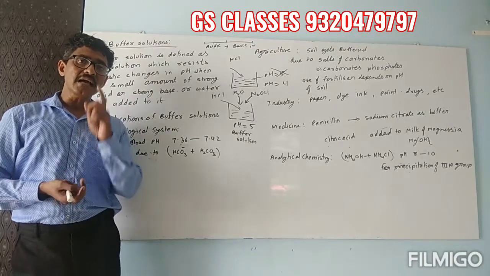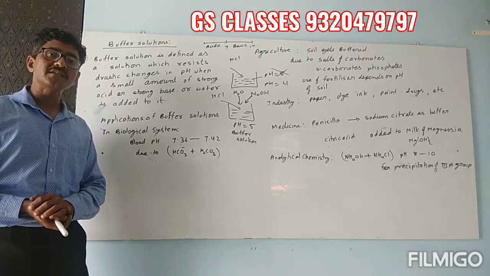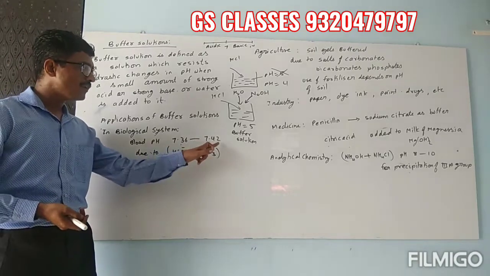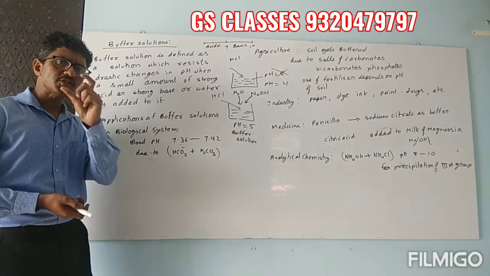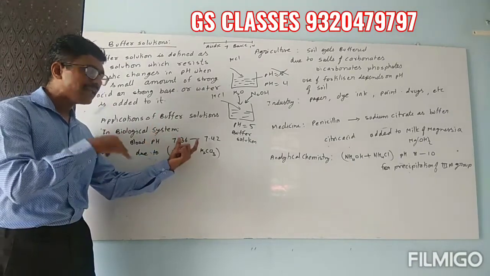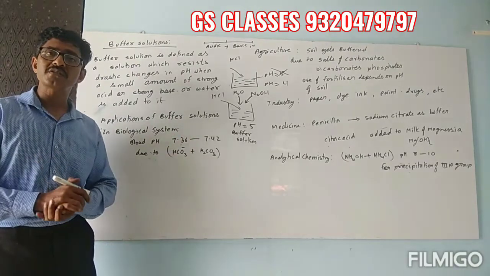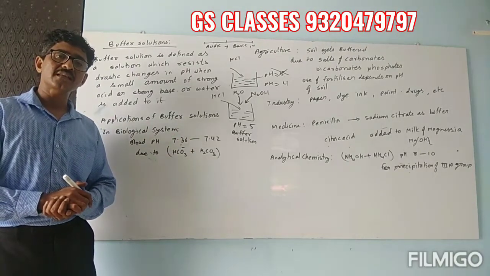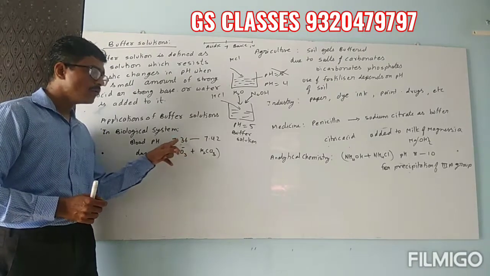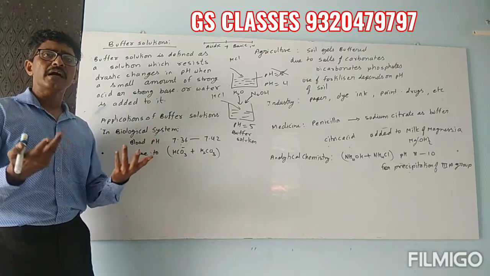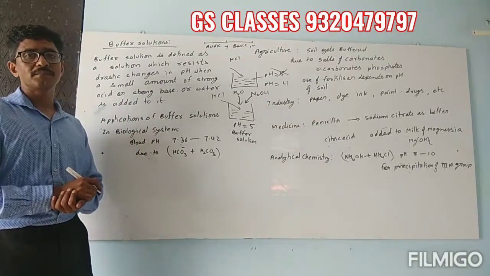Our blood has a definite pH value, 7.36 to 7.42. If the pH value changes from this level, life will not survive. Death is sure. Because of this pH value, several biological processes are going on in our body.